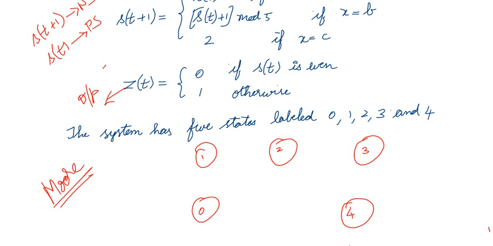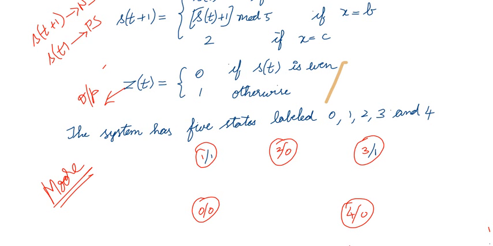When the state is 0, which is an even number, output is 0, so 0/0. When the state is 2, which is an even number, it is 0. When the state is 4, which is an even number, it is 0. What are the other cases? Odd numbers. When the state is 1, it is 1. When the state is 3, it is 1. For odd numbers, it is 1. For even numbers, output is 0. Okay. So we have drawn the states and this relation is done.